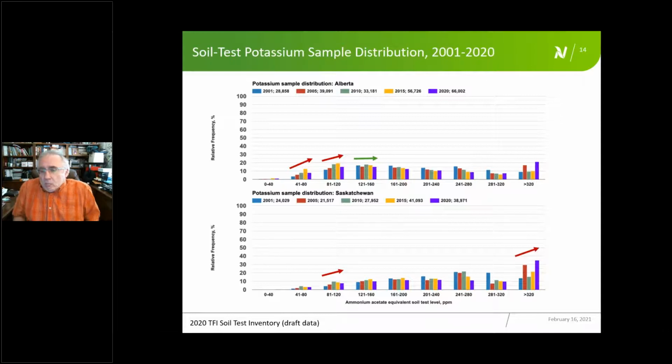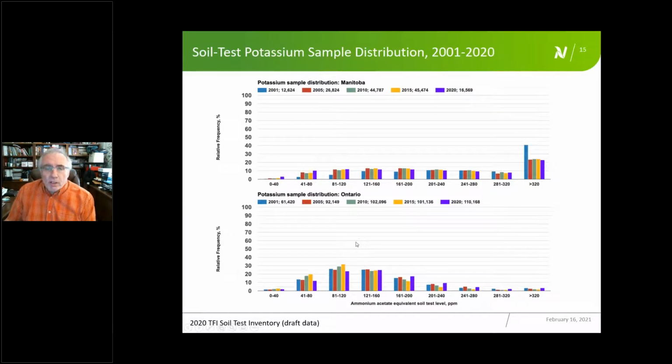Now, again, we have lots of soils that are naturally high in K, but for that to be increasing would be of concern in that it's possible that we're applying excess fertilizer where it's not needed, and that is an economic consideration. So we want to pay attention to that and make sure that if we're applying potassium, it's in places where it's needed and not on these soils that are so high.